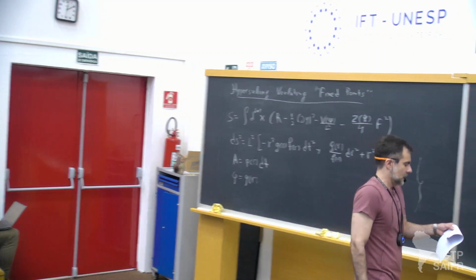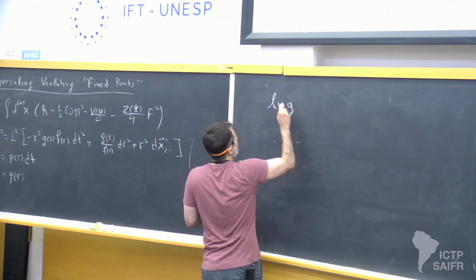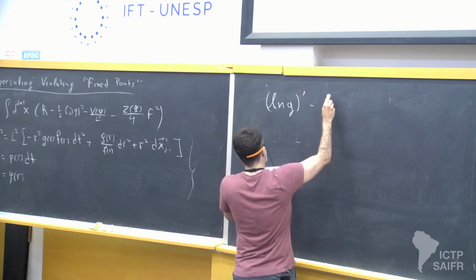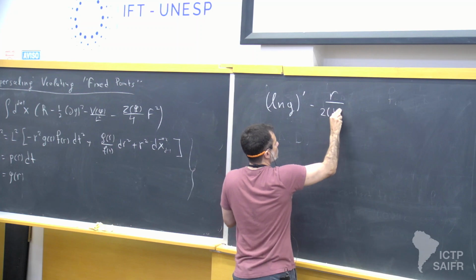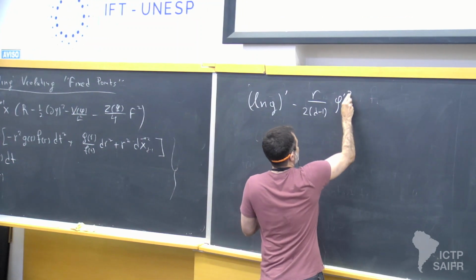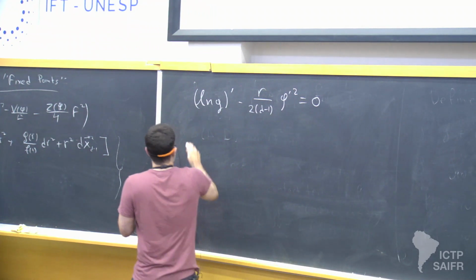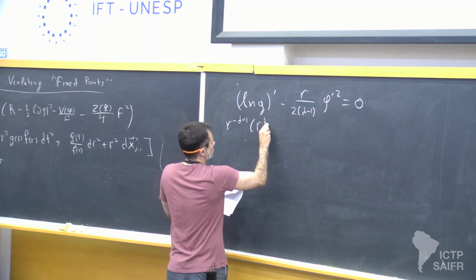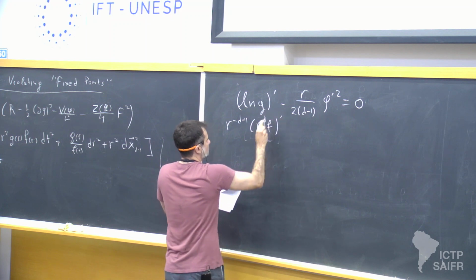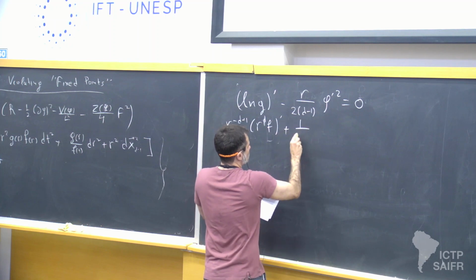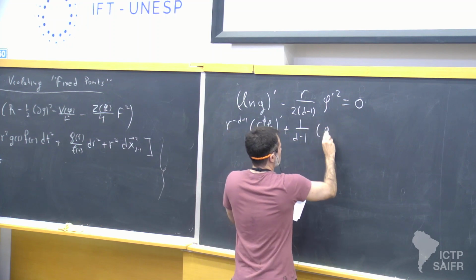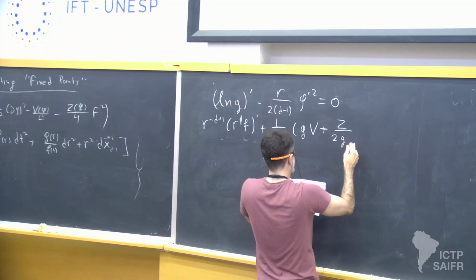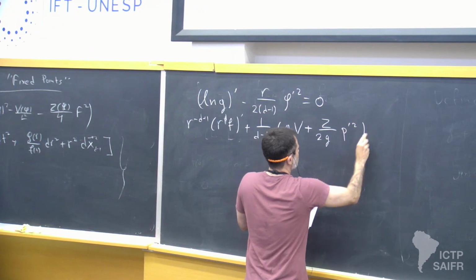So the derivative of the log of g is r over 2(d minus 1) phi prime squared equals 0, and r to the minus (d plus 1), r to the d f prime plus 1 over (d minus 1) g V plus Z over 2g V prime squared equals 0.